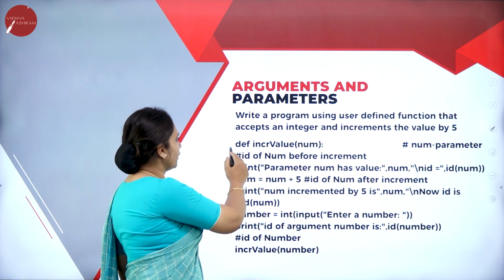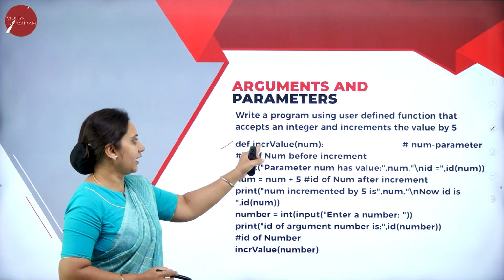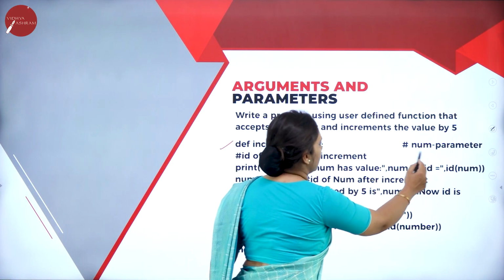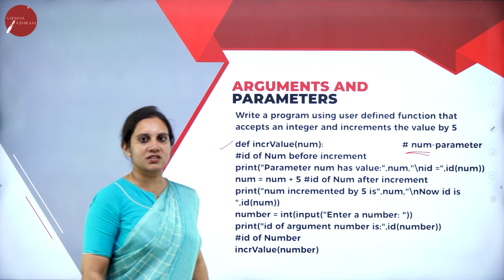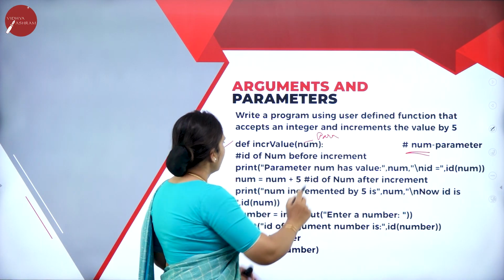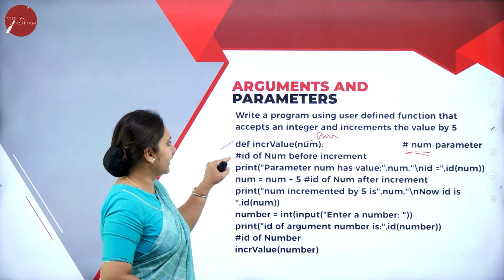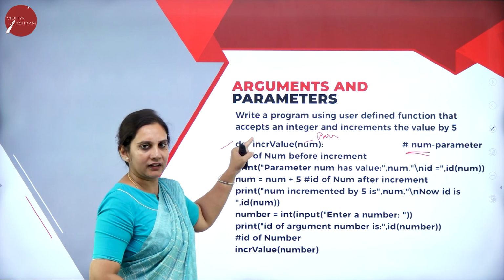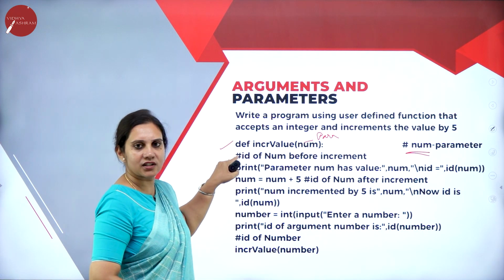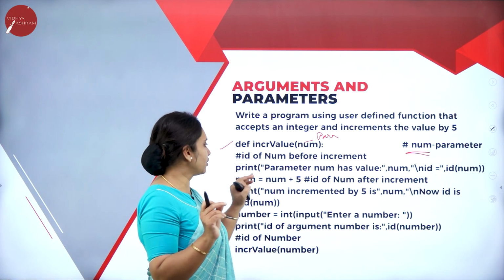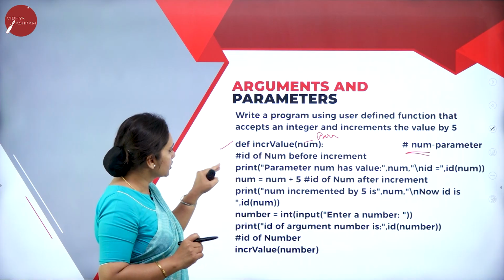Here you can see def is the function keyword, increment_value, and num is the parameter. The text after the hash is just a remark or comment to help you understand what it is.